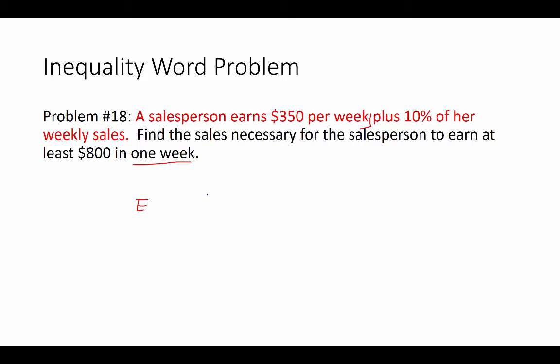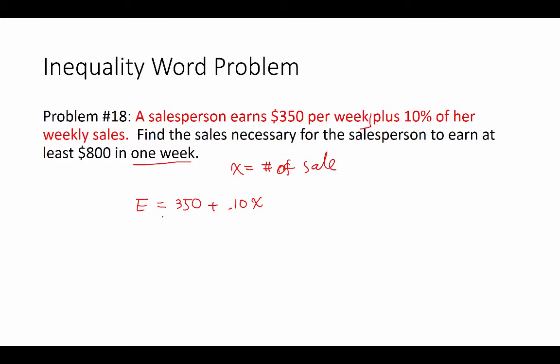Clearly the 350 will be the base salary, and let's say x equals number of sales, then 0.10x, which represents the 10%, is the commission she makes. And let's just say for now that E equals this amount. So whatever number of sales she makes, she's going to earn that much.